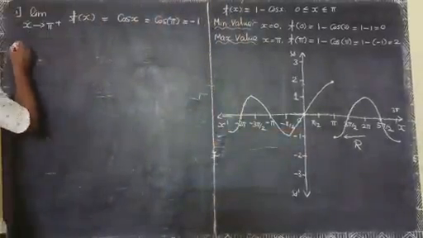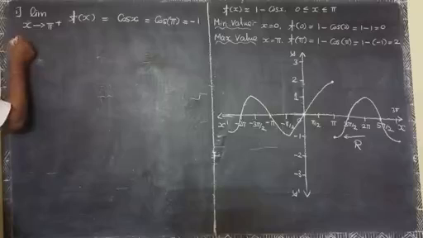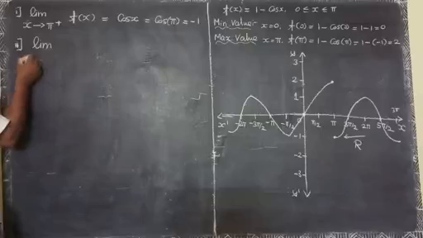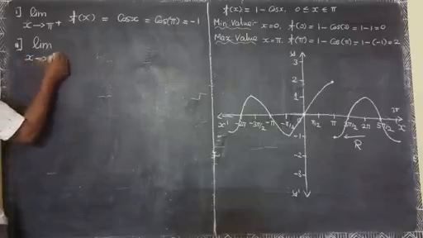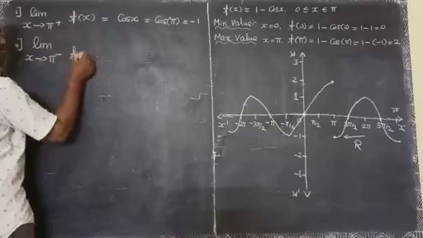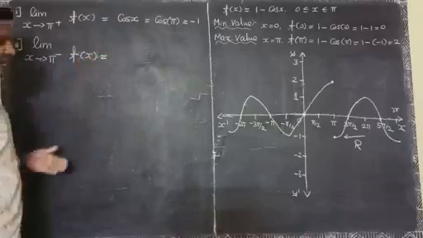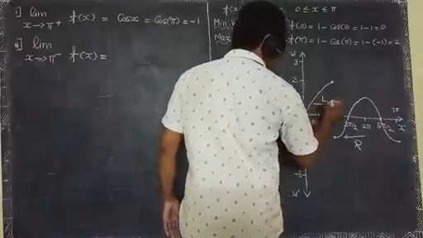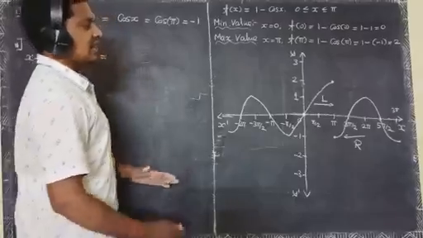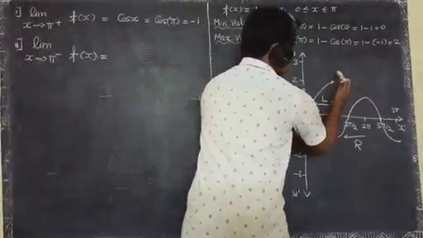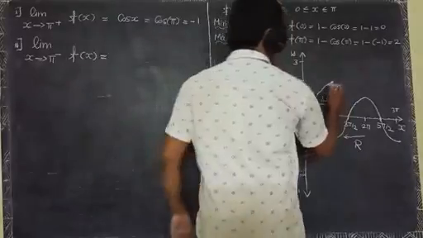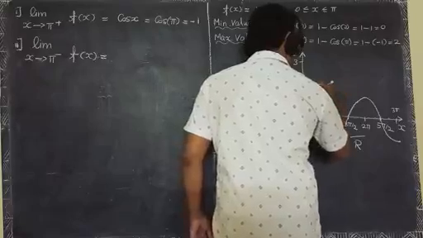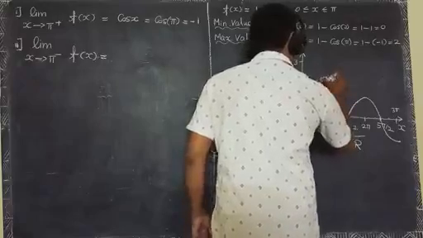Now find the left one, limit x tends to pi minus f of x. It means x approaches pi from the left side. We choose the function 1 minus cos x.